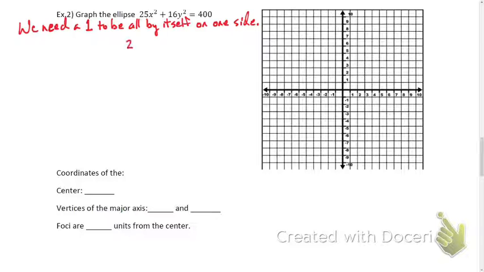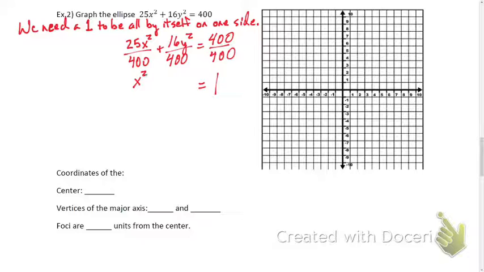Now if we do that, we got to divide everything by 400. So let's divide this by 400. That by 400. And the constant by 400. And we get 1 on the right side, which was the reason for all of that. When we reduce, we happen to get really nice numbers.